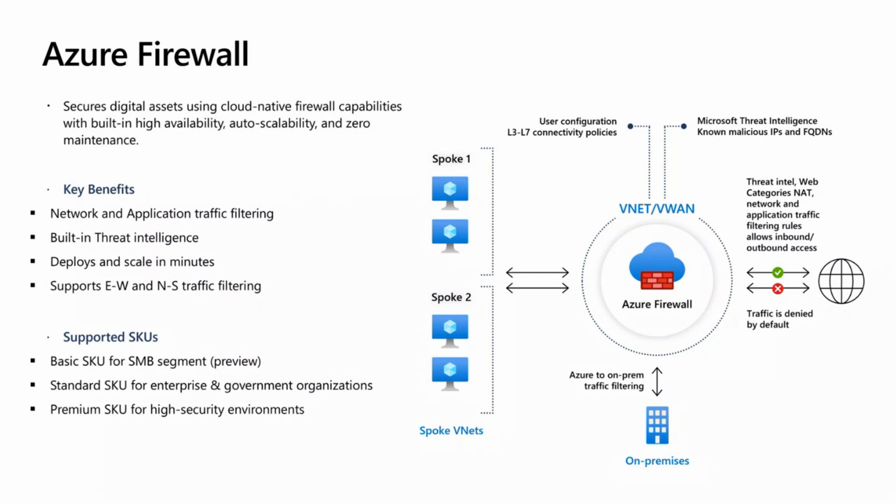From that, it gets intelligence and it knows the malicious IPs and malicious FQDNs, which should not be talking to your environment, or your environment should not be talking to. So Azure Firewall has integrated with that Microsoft Threat Intelligence and can act on, once you configure it, blocking that unwanted traffic to your workloads.